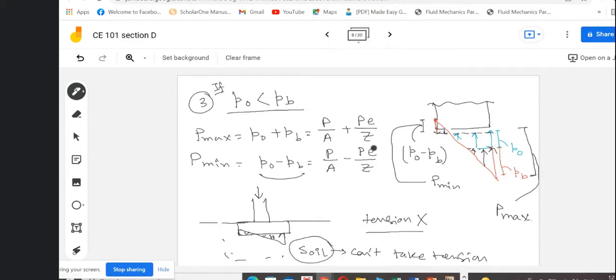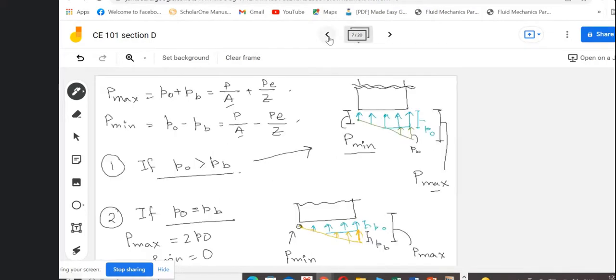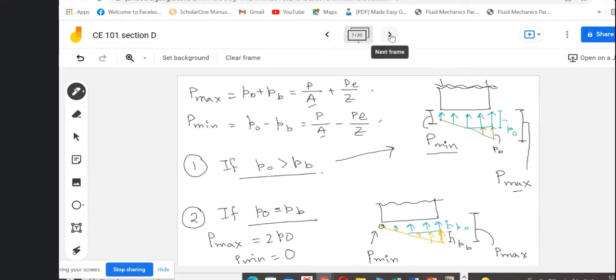Now from these three conditions, which condition will give us the entire compressive zone?